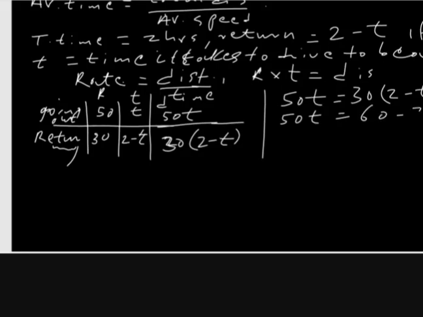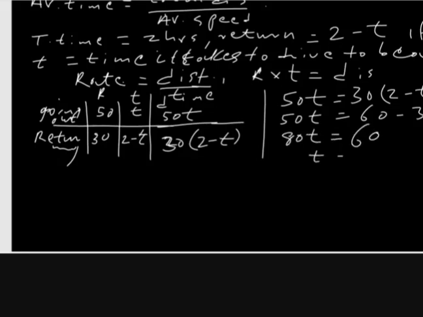Since the distance is the same, 50T is equal to 30 into 2 minus T. So this means that 50T is equal to 60 minus 30T. So 50T plus 30T, 80T, is equal to 60.